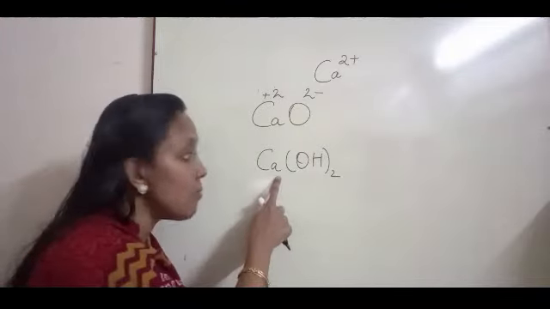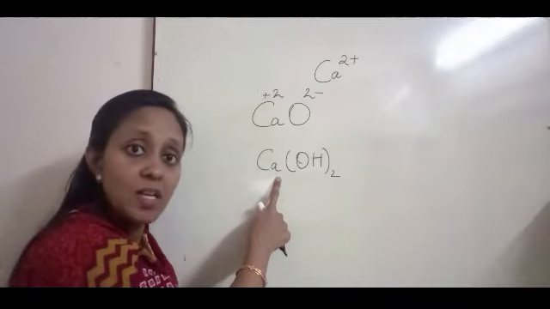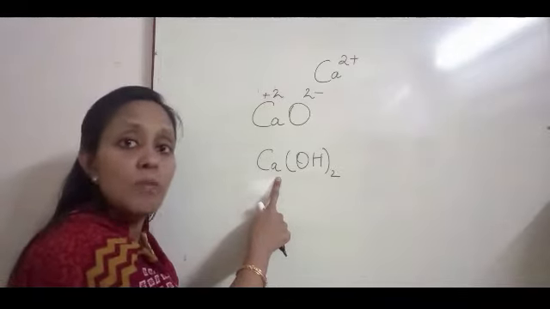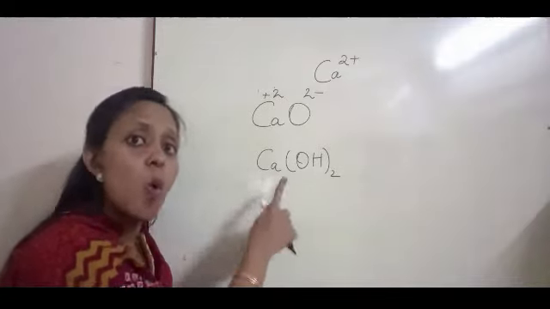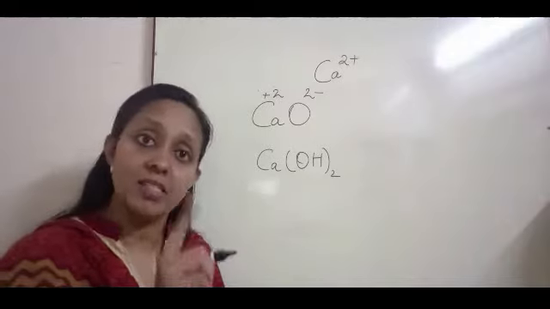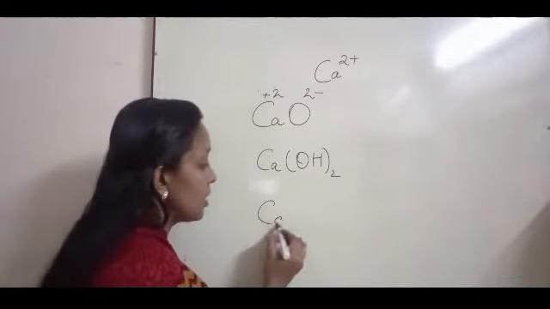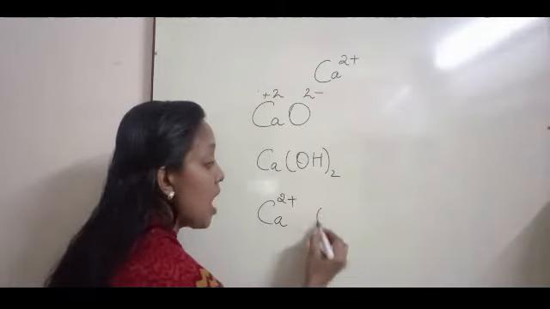Do you find any number written at the bottom of the element calcium? Do you find any number here? There is no number written, which means it's simply 1. If there is nothing written, it represents that the valency is 1. Have you followed? So we have seen that calcium has valency 2 plus.